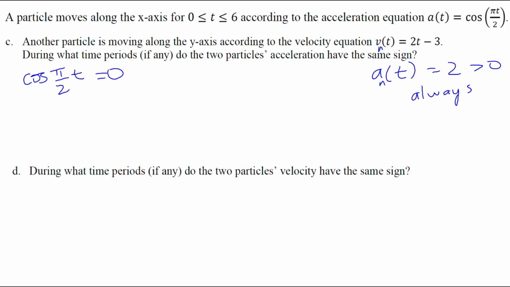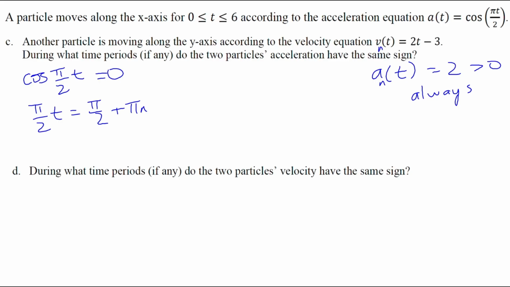Well, it's equal to 0 whenever the angle is either equal to pi over 2 or 3 pi over 2. Right? Those are when our cosine function equals 0. And really, the angle is equal to pi over 2 plus any pi n, because 3 pi over 2 works, and 5 pi over 2, and 7 pi over 2, and so on.